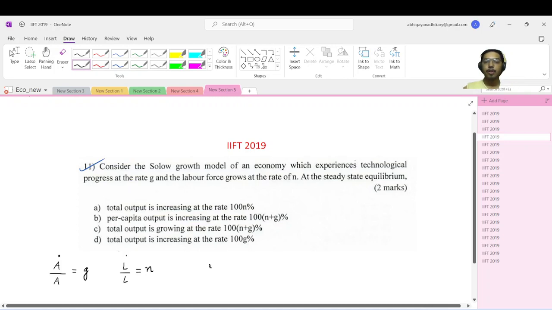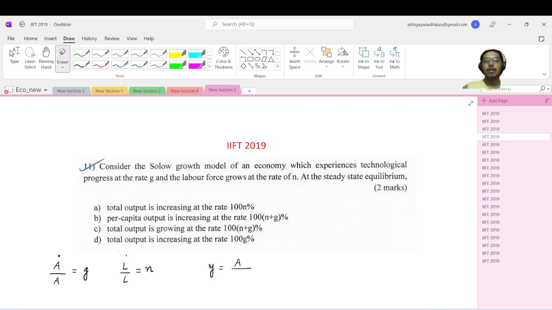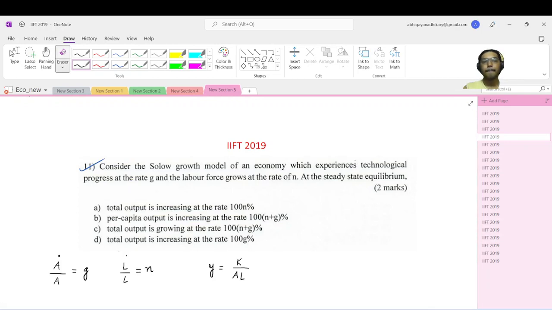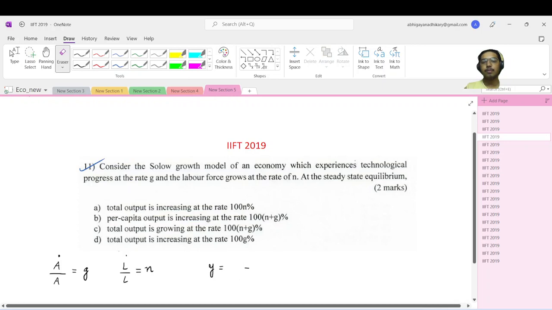The per capita output is defined as Y by AL, and your per capita capital stock is defined as K by AL.